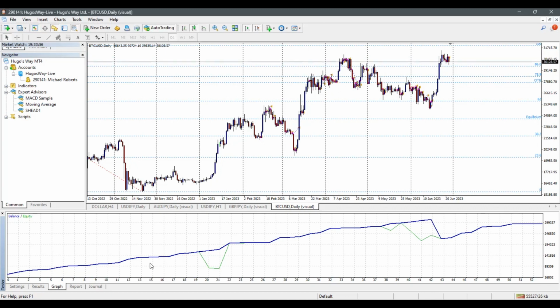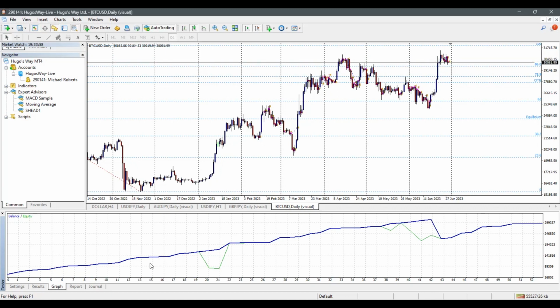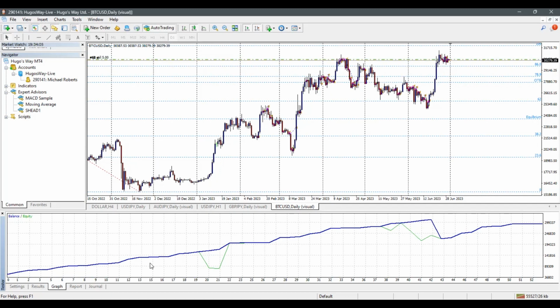So maybe 1 lot might cost, let's say, $6,000, but 1 lot going from 30,000 to 30,100 may only give you, let's say, $10 instead of $100. They purposely make sure the crypto contract size is low, because the volatility for crypto is really high. So it's a way for them to protect themselves.